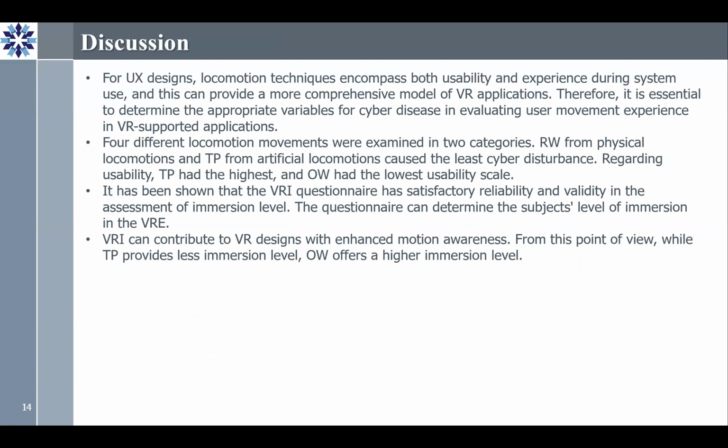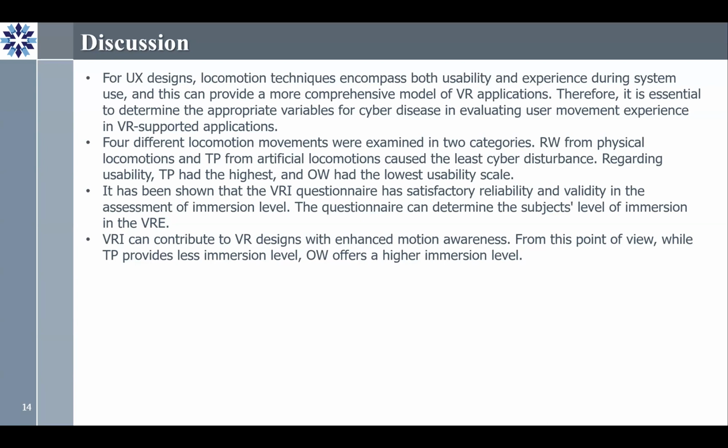For UX, user experience designs and motion techniques encompass usability and experience during system use. Therefore, it is important to determine the variables suitable for cyber sickness in evaluating user movement experience in virtual reality supported applications.